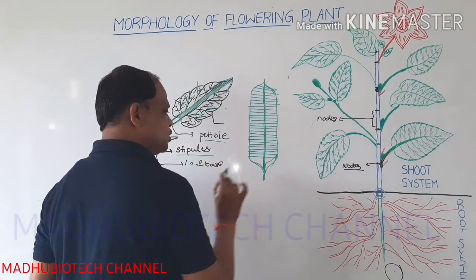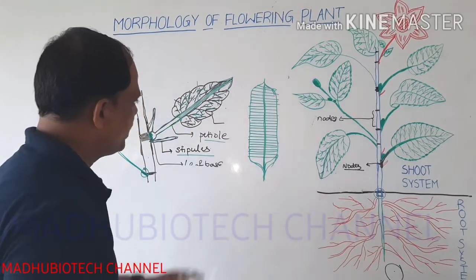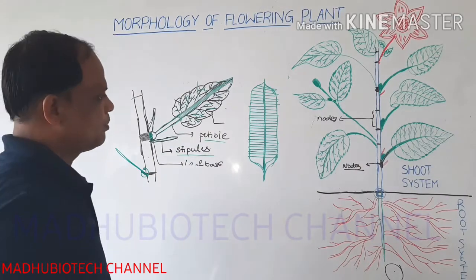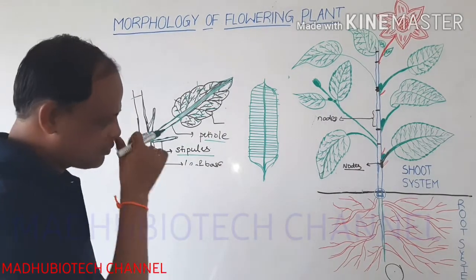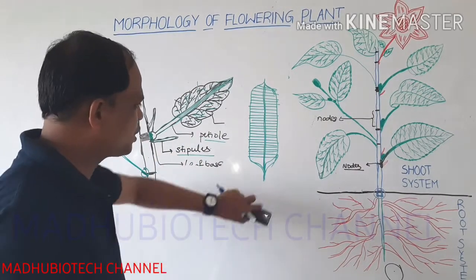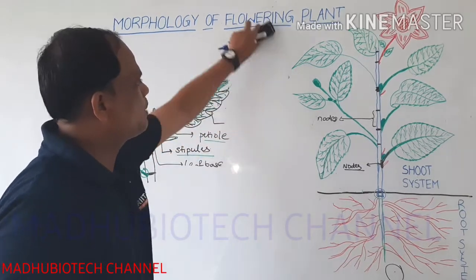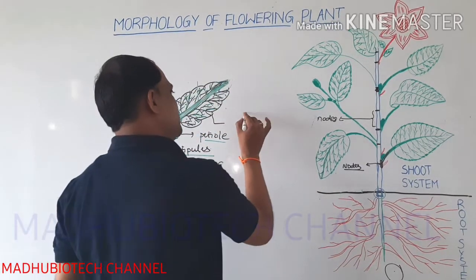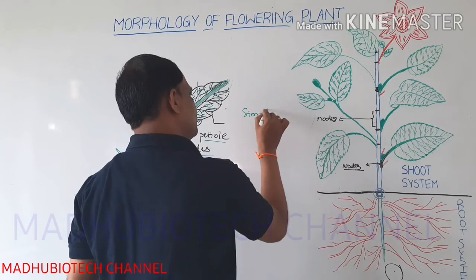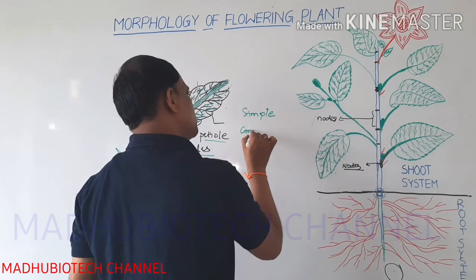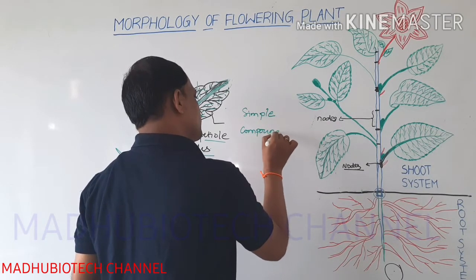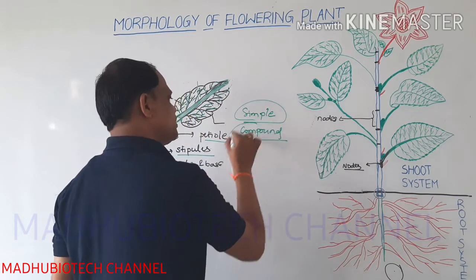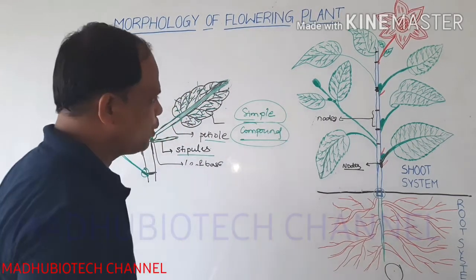All of it is present in monocotyledons. And this is the venation. Mainly there are two types of leaves present: simple leaves and compound leaves.